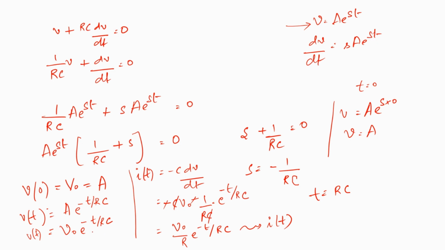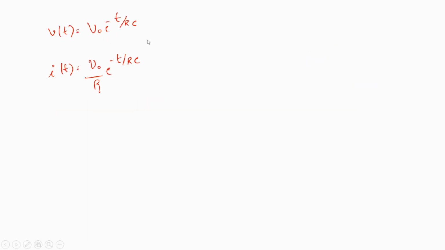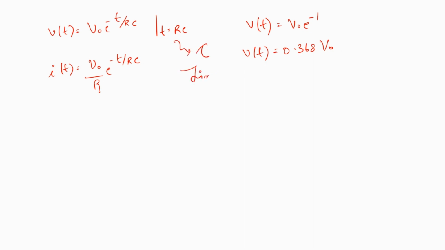So considering the case where t is RC, if I put it in this equation, what I get is V of t when it is RC is equal to V naught e power minus 1. So V of t therefore becomes 0.368 times V naught. Now this value of t is represented by the symbol tau, and it is called the time constant of this RC circuit.